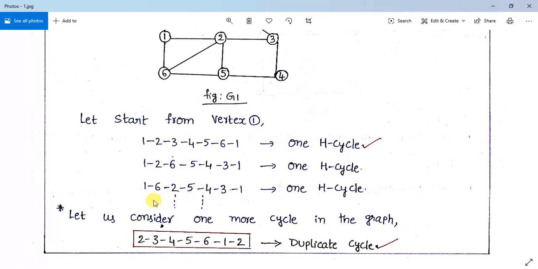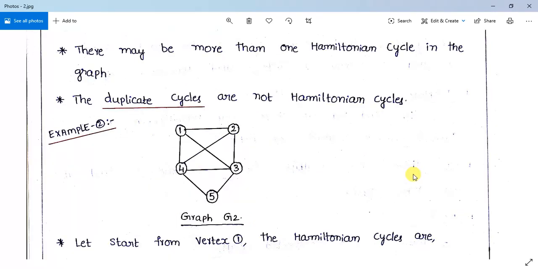So always the starting vertex must be fixed. It may be any vertex, but in general you are going to consider the first vertex as the starting vertex. In a graph there may be more than one Hamiltonian cycle, and you should not consider duplicate cycles. The duplicate cycles are not Hamiltonian cycles.